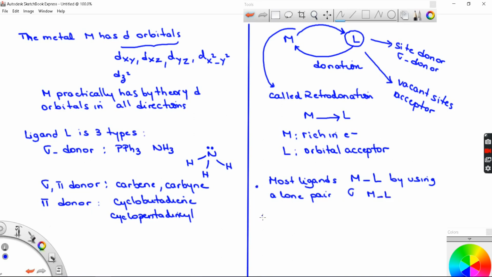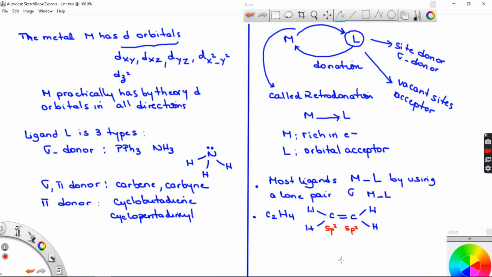Consider C2H4. To know the site of donation, we have to draw C2H4. The hybridization of each carbon atom is sp2.